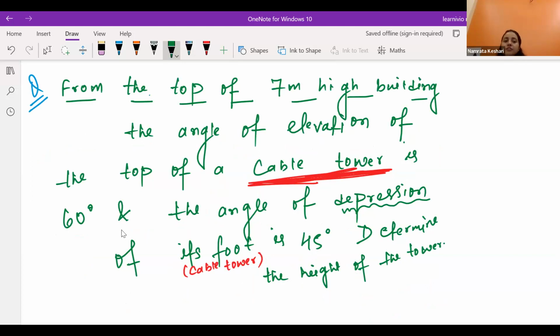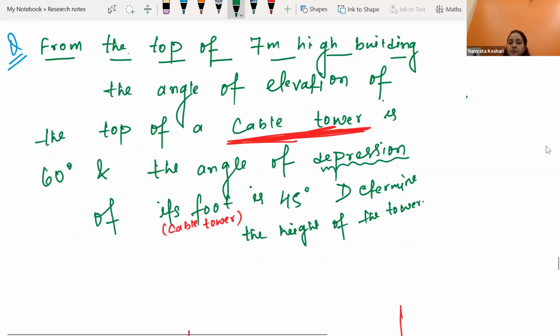It says that from the top of a 7-meter high building, okay, there is a building. From the top of the 7-meter high building, the angle of elevation of the top of the cable tower.